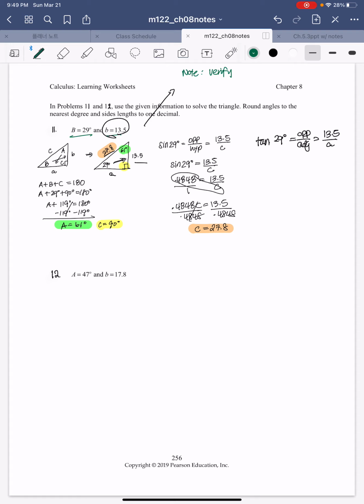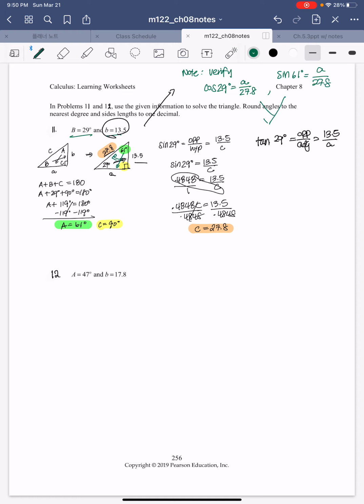If you set up cosine of 29 as adjacent over hypotenuse 27.8. Also you can set up sine of 61 degrees, opposite over hypotenuse, A over 27.8.